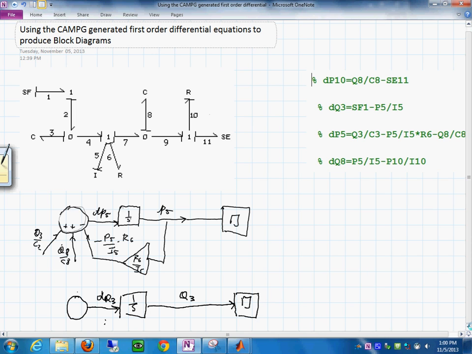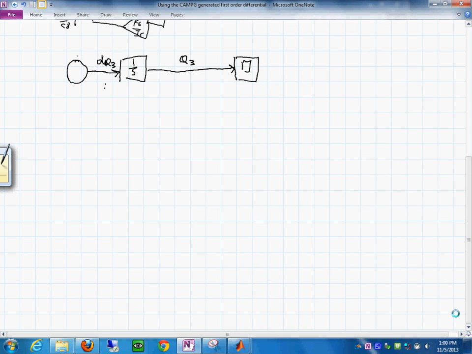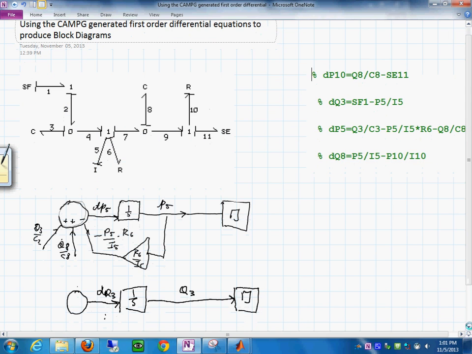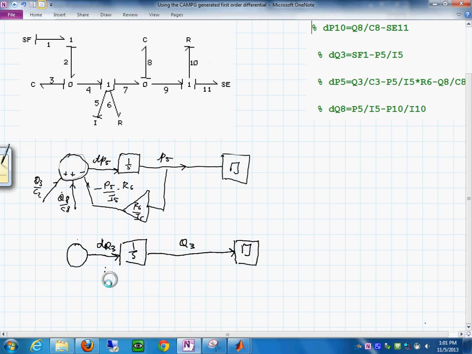We're gonna go over here and make some spacing here. There we go. So we are doing this. SF1 is one of the things that we need to put in here, and that is an input in here, which would be SF1, and then p sub 5 over I sub 5.